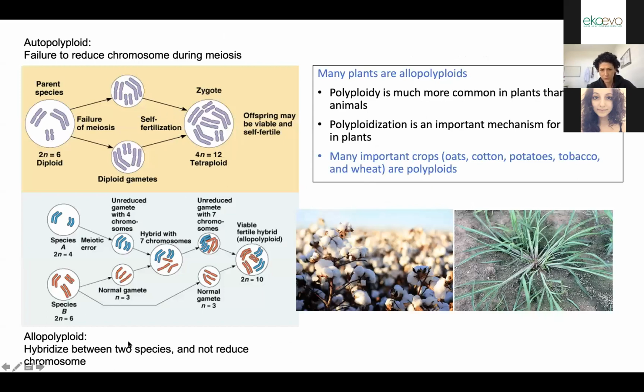There are different kinds of polyploidization. It can be allo- or auto-polyploidization. And as I said, many crops that we are using are polyploid. We did this polyploidization, but it doesn't have to be stimulated; it can also be in a natural way.